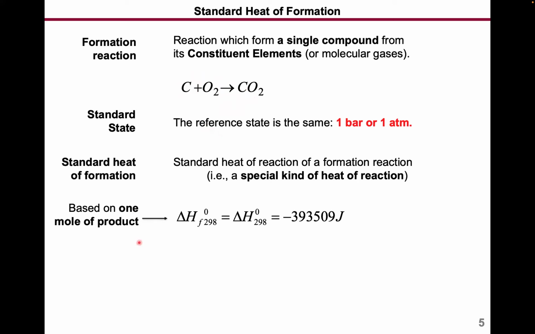Now, based on 1 mole of product, the standard heat of formation of CO2, you can actually look it up. It's equal to around negative 393 kilojoules, okay? So based on 1 mole of product, delta HF. Here, delta HF means this is a formation reaction. So we are talking about the standard heat of formation of this particular compound, right? And the standard state is the same, okay? And here it is just equal to the enthalpy, delta H at 298.